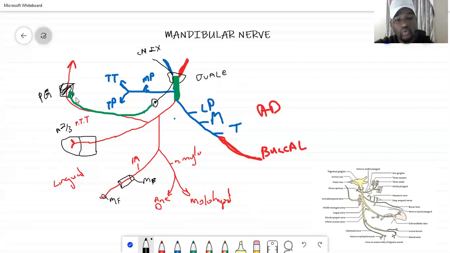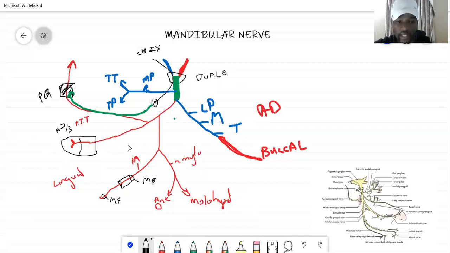What is important? I'm going to explain it right now. What we see there is that we now have V3, which is your mandibular nerve, and we now have a branch of cranial nerve number 9.